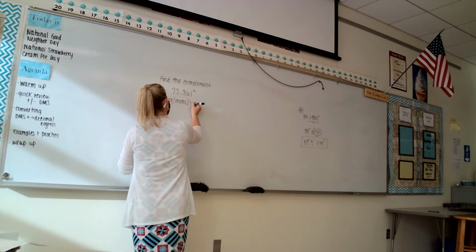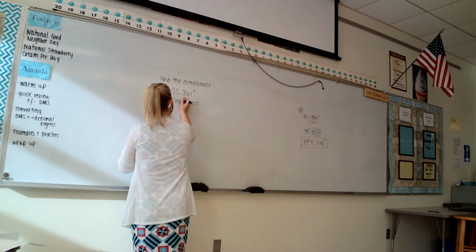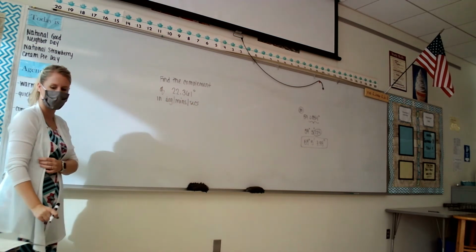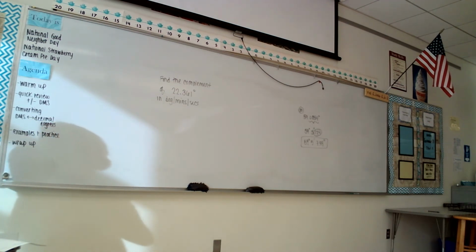All right, today. So this brings in a few things that we've done. It talks about complement or complementary angles. Reminder, know those words. That means that the two angles add to 90 degrees. It gives me an angle in decimal degrees, but it wants my answer in degrees, minutes, seconds.